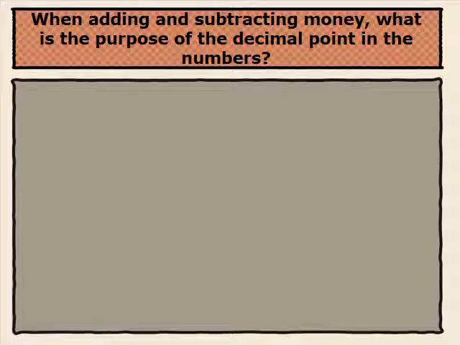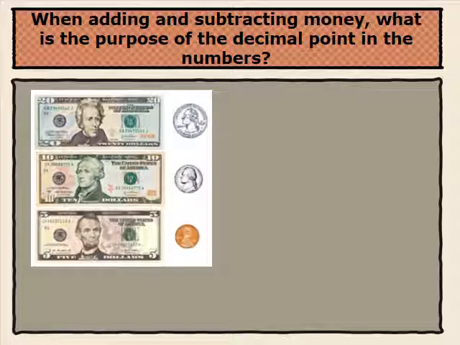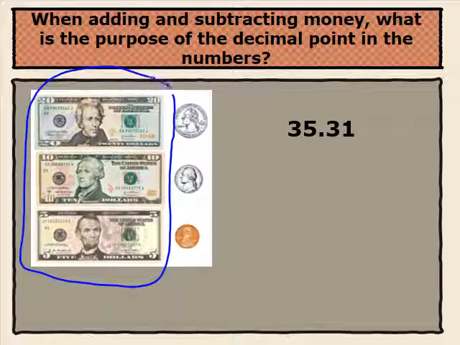When adding and subtracting money, what is the purpose of the decimal point in the numbers? So here's our example of money, which is 35.31. I know that it is 35.31 because I have $35 and 31 cents.